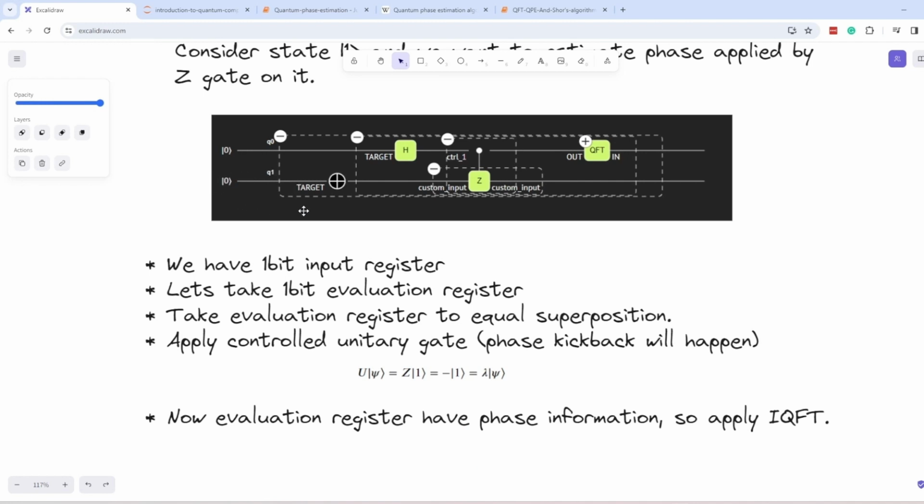In the first register our input is 1, that's why we are applying a NOT gate to get the 1. Then we take one more register, and we put that register in a state of superposition like this. After that we apply the controlled unitary gate.